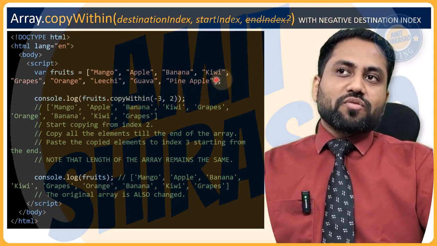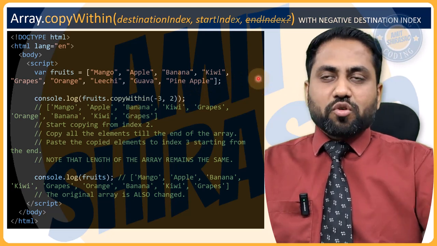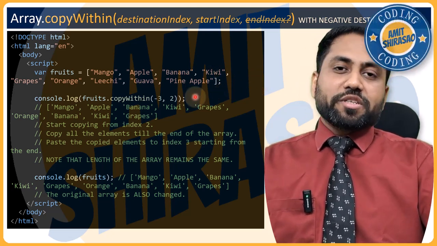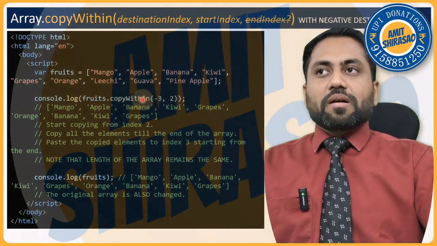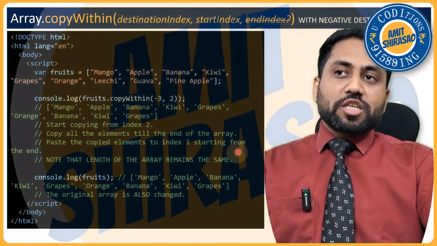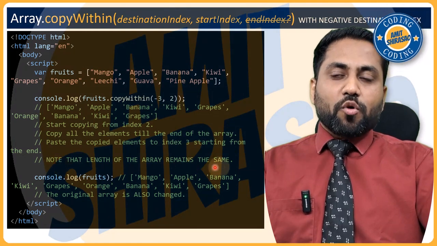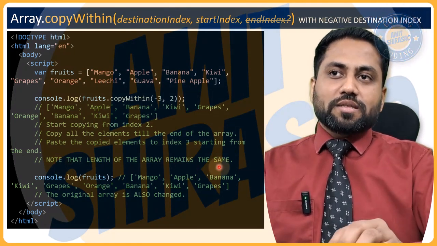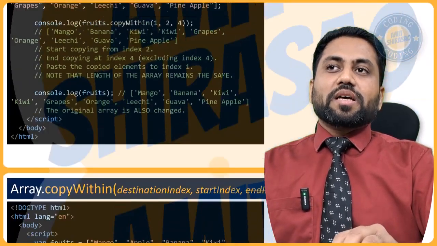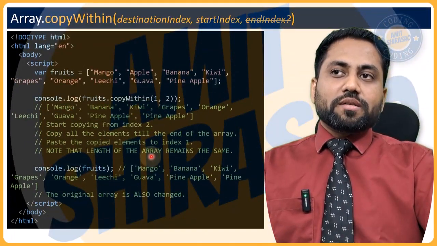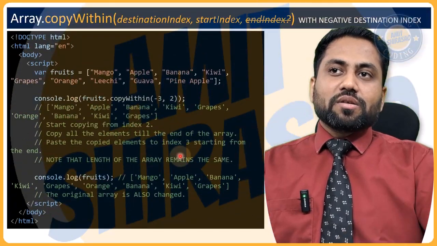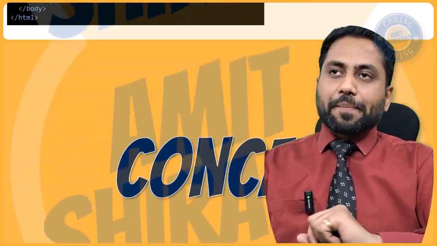But rest of the fruits won't get pasted because the array has ended over here. Okay, so whenever you use copy within method, the length of the array never gets changed, and that's why I've highlighted it in bold letters in all the 3 slides, in this slide, as well as on this slide. Everywhere I've mentioned this in bold letters, that your array length remains the same.